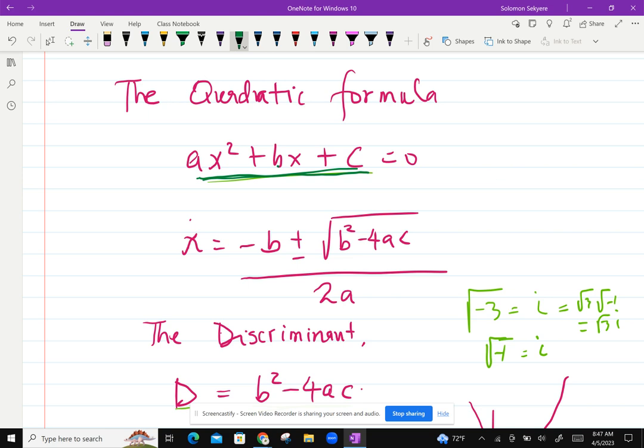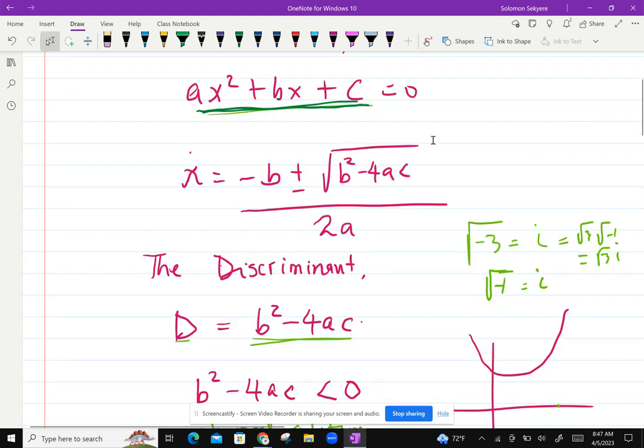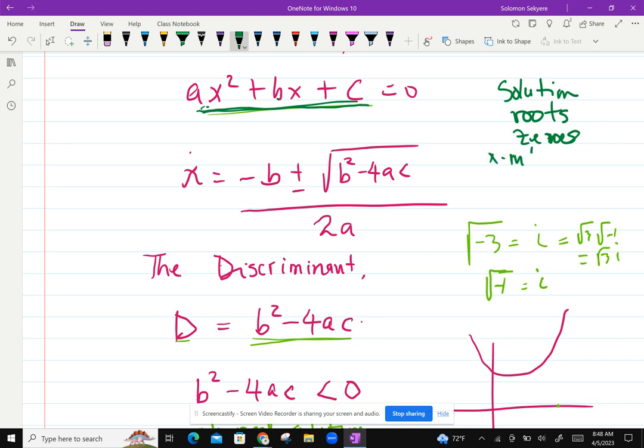Let's say this is equal to 0 and you want to find your roots. You want to find solutions, roots, zeros, and the x-intercepts.